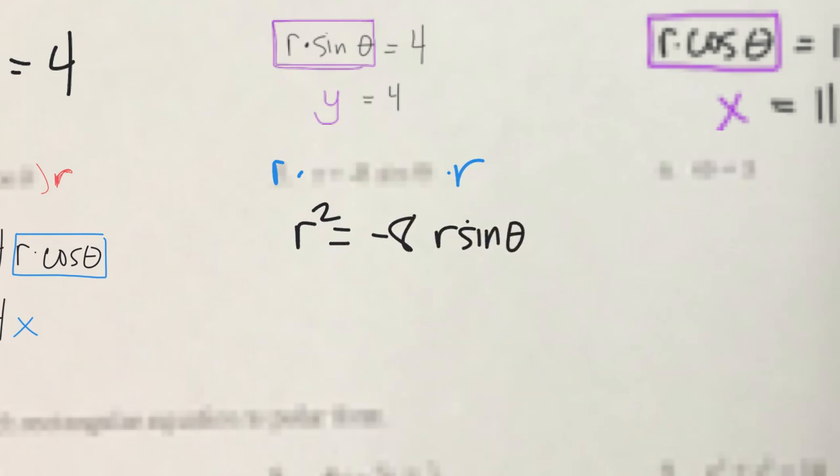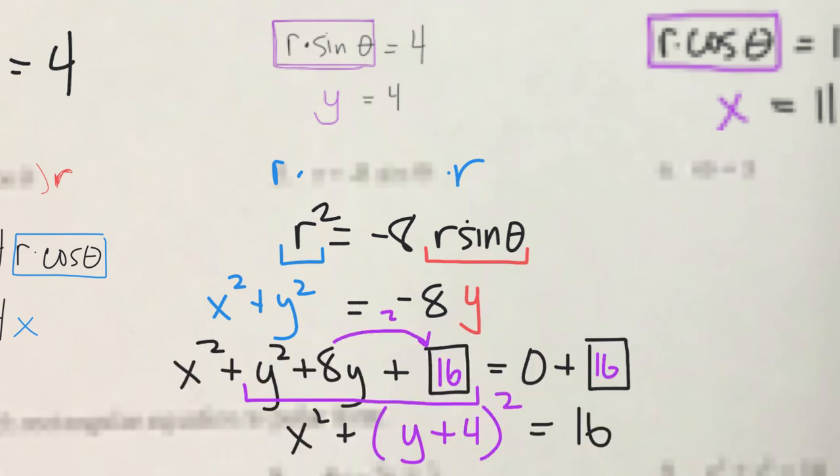Okay, and I put the r next to the sine because I'm going to replace this with y. I'm going to replace r squared with x squared plus y squared. Okay, so once again I have a circle equation that's not at the origin, and I'm going to need to complete the square in order to figure out where that center is going to be. So there's our final answer.